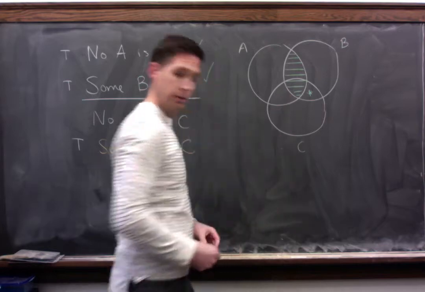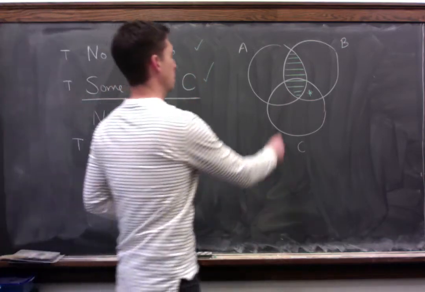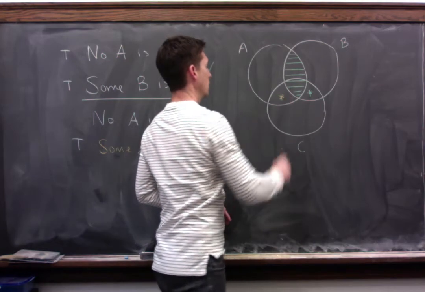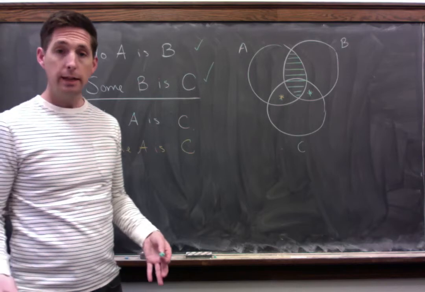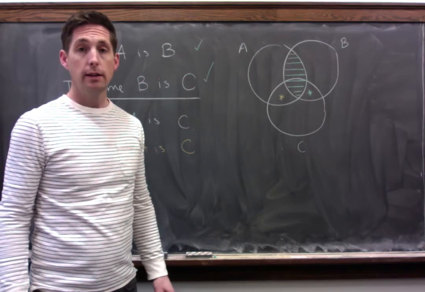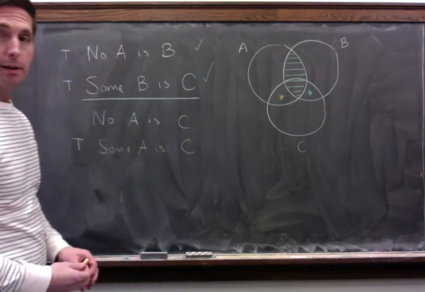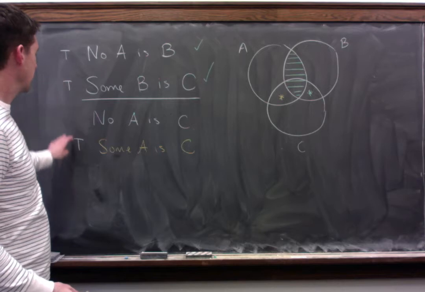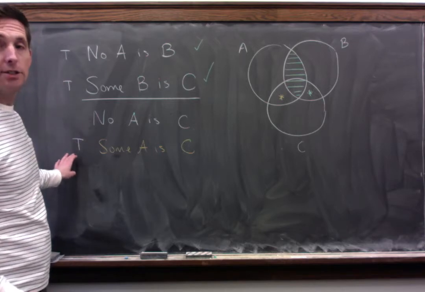We could diagram that, and I'll use the orange again to correspond to the fact that it's the negation of the conclusion. We can complete our diagram. And since we can complete our diagram, we know that the argument must be invalid, because we've diagrammed the premises being true and the conclusion being false, by the negation of the conclusion being true.